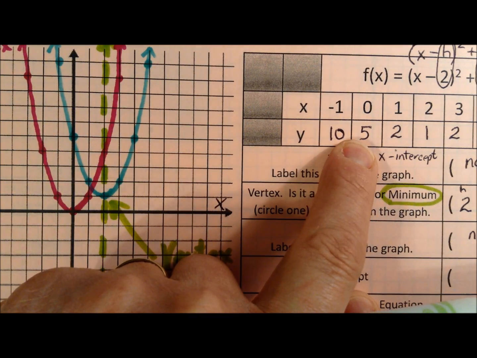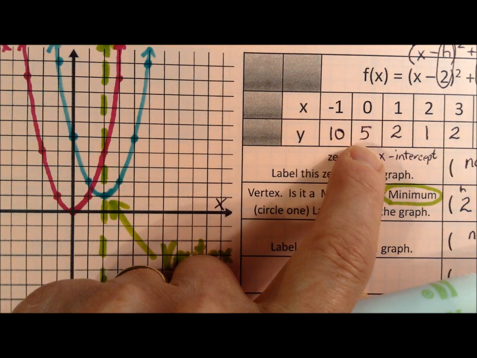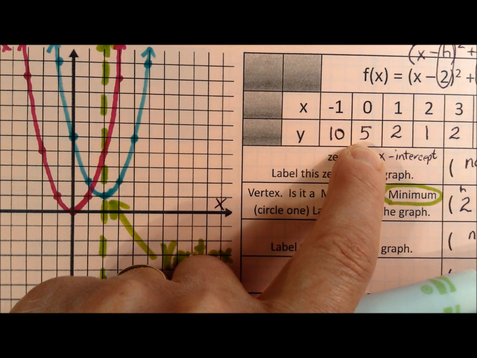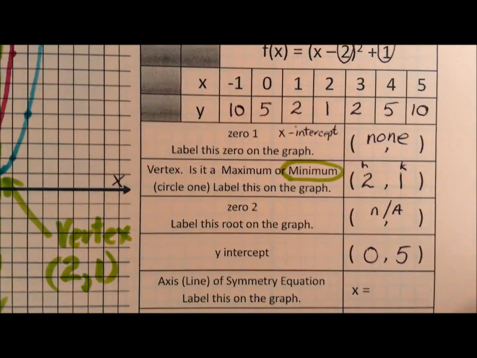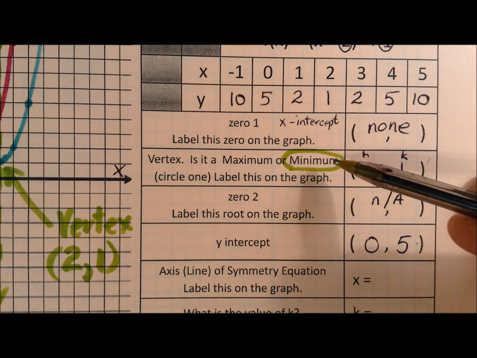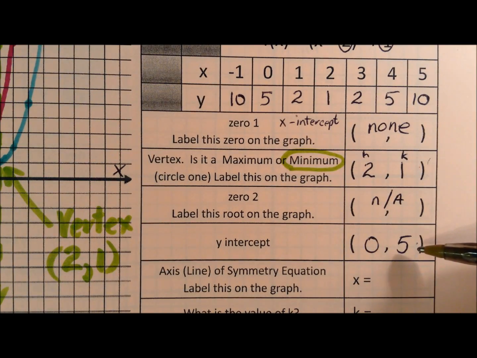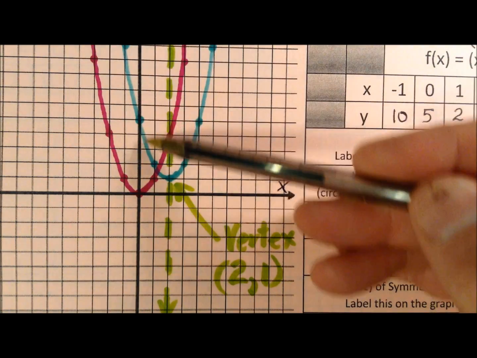You could also tell from your table. Remember, when you have a 0 as an input, that is going to be on the y-axis, so I have 0, 5. Now, do you notice the difference between day 2 and day 1? On day 1, these two things, the vertex and the y-intercept, were the same. That was because my line of symmetry was x equals 0.